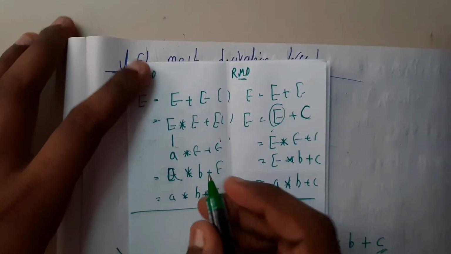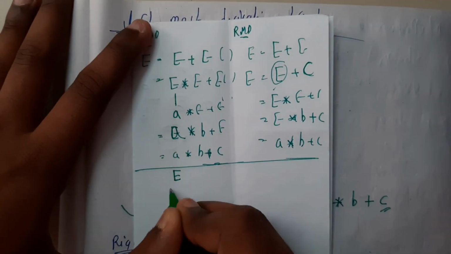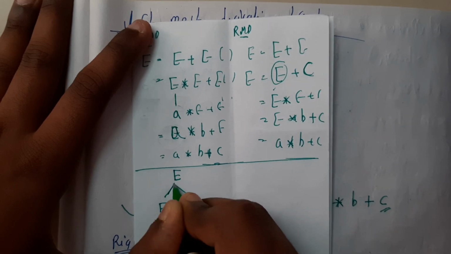Now let us go through the parse trees. Using these steps you divide E into E, and in between it is plus.